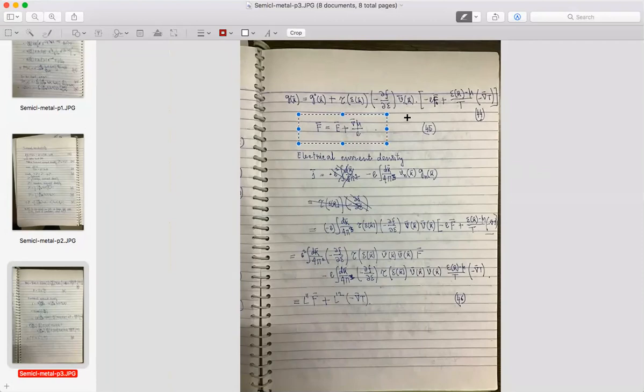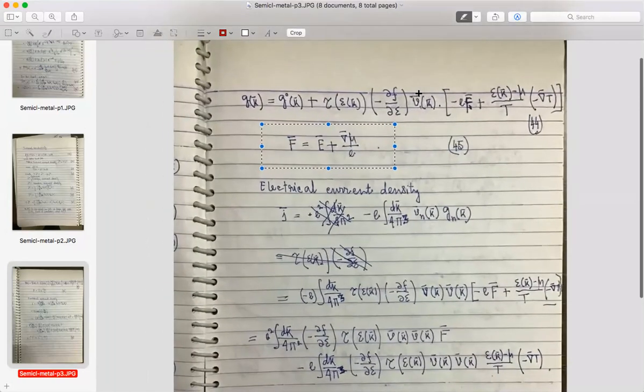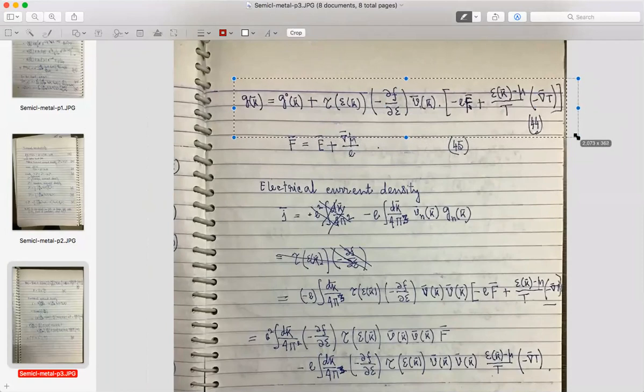So in terms of that F, G can now be written in this way. Nothing has changed. I've just defined this quantity F in this way. And subsequently, we'll write everything in terms of this F.